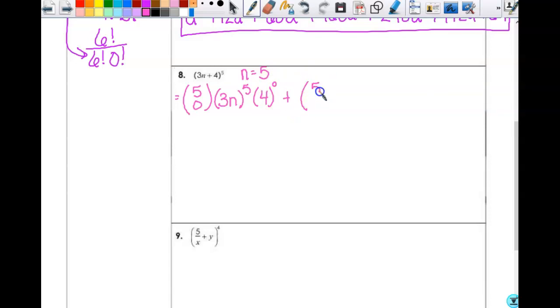Plus, then this becomes 5, 1, 3n to the 4th times 4 to the 1st. Plus 5, 2, 3n to the 3rd, 4 to the 2nd. Okay. Do the rest.